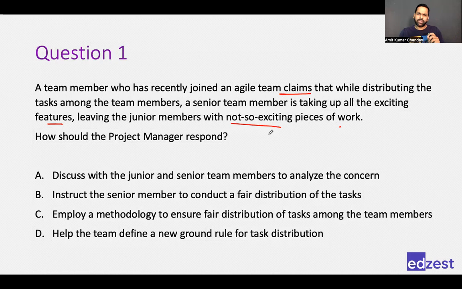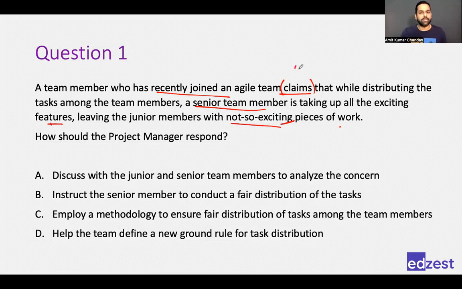Whenever you are reading the question, you need to spot some of the important words which define the question. Here the word is claim. There is a team member who has recently joined, and that person claims that when the tasks are being distributed, a senior member is taking all the exciting pieces of work and giving the junior members not so exciting pieces of work.